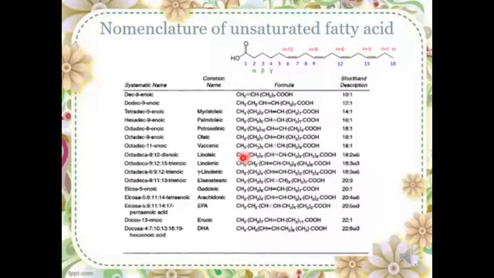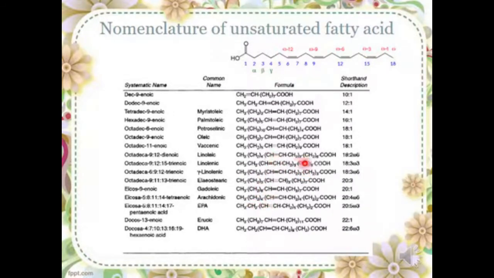If you look here, it is CH3, CH2 four times, followed by CH double bond CH, CH2. The same goes to linolenic also: CH3, CH2 four times, CH double bond CH, CH2. So the pattern is the same.